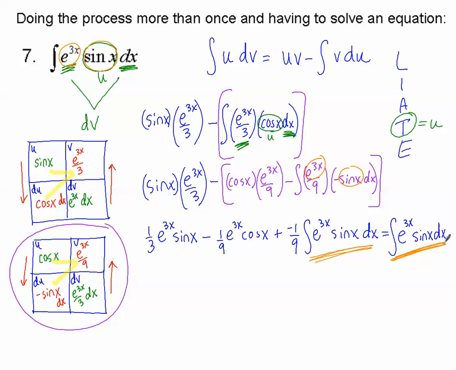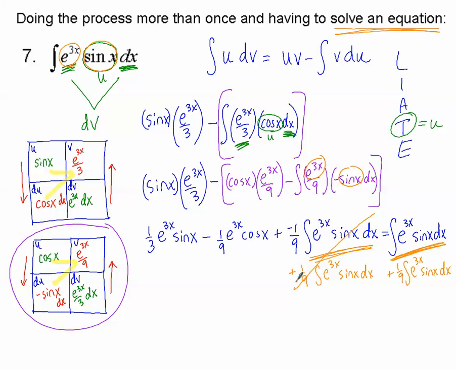I can combine like terms and solve this equation. If I have negative 1/9 of these, I can add 1/9 of these integrals to both sides. I'm adding 1/9 of the integrals e to the 3x sine of x dx to both sides.